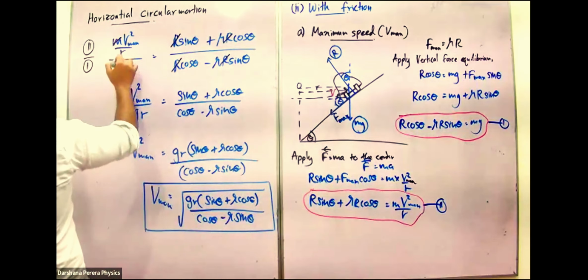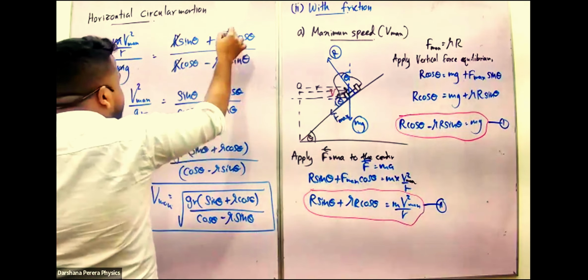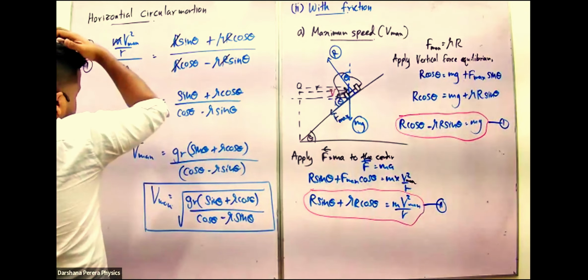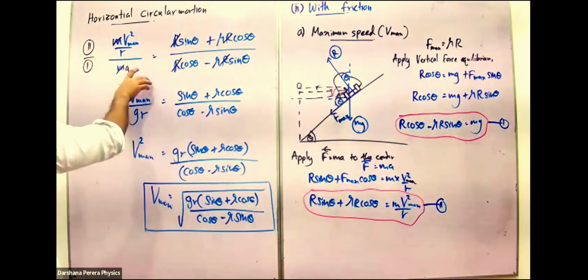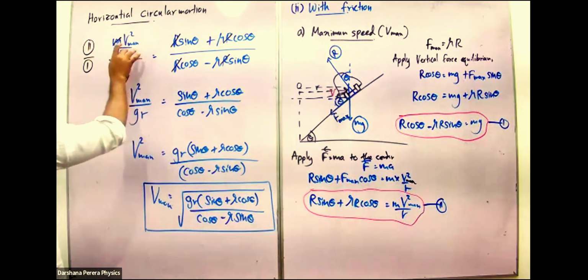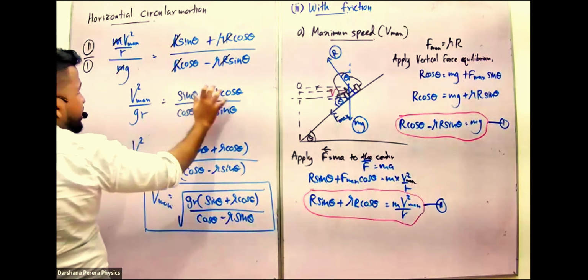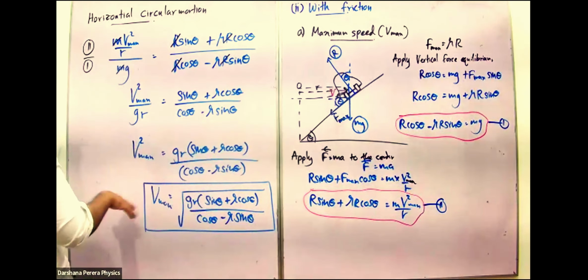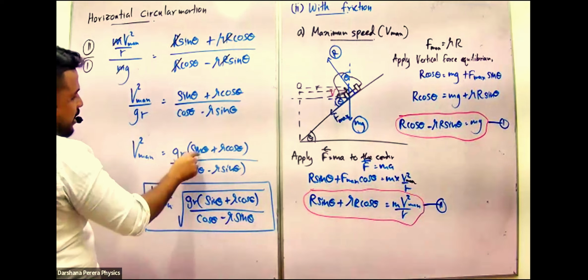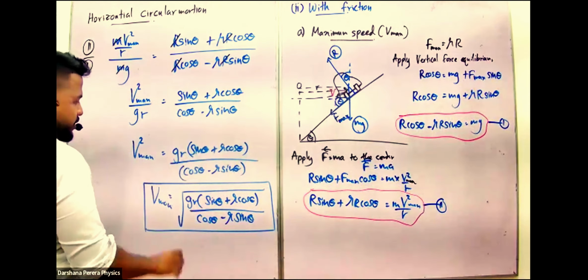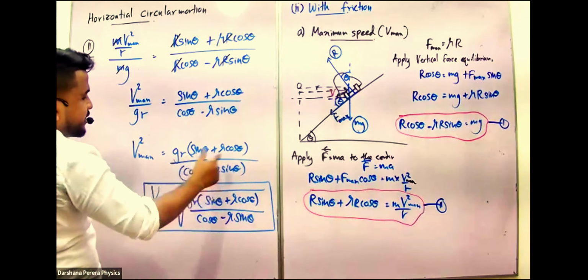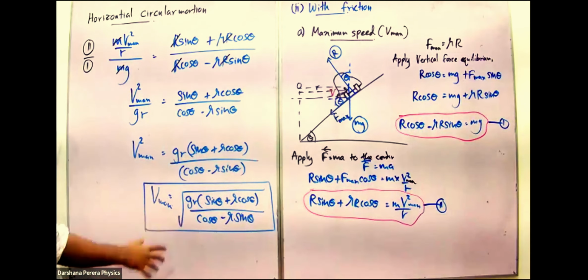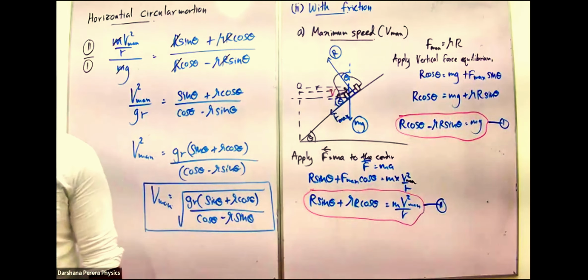The m terms and r terms cancel out because they are equal terms on both sides. Therefore, v square max over rg equals (sin theta plus mu cos theta) over (cos theta minus mu sin theta). Therefore, v square max equals g r (sin theta plus mu cos theta) over (cos theta minus mu sin theta). So we get v max equals this one. Okay, write down.